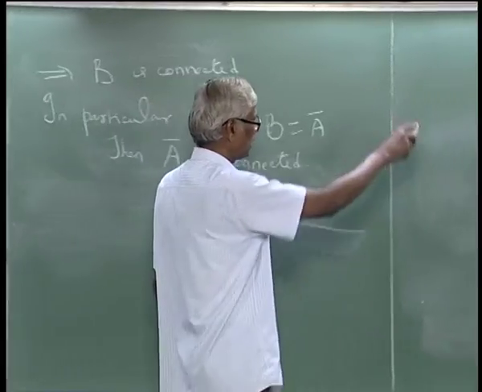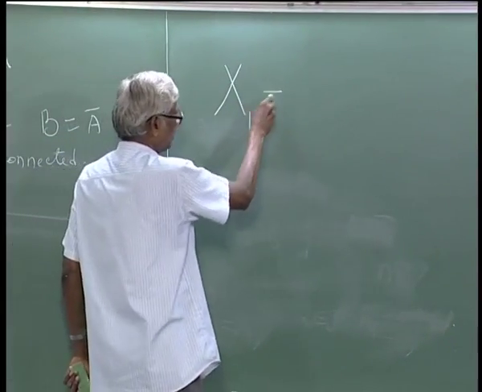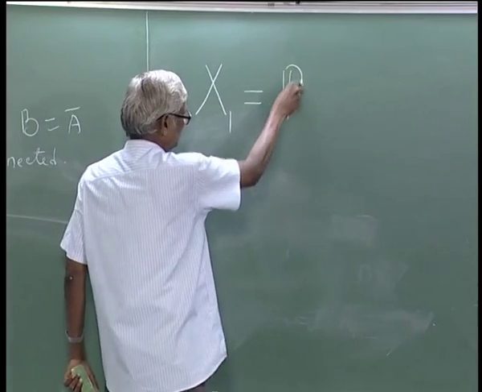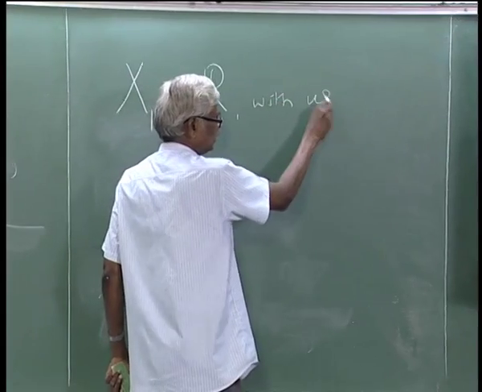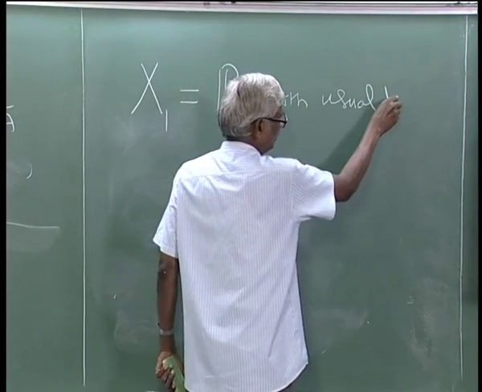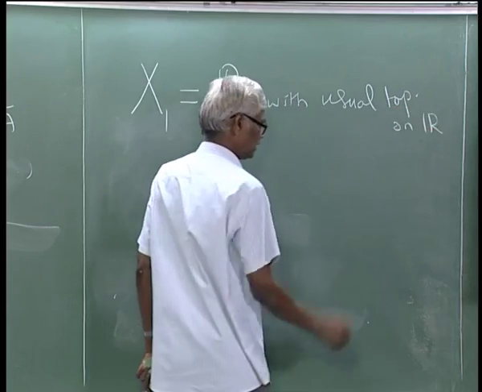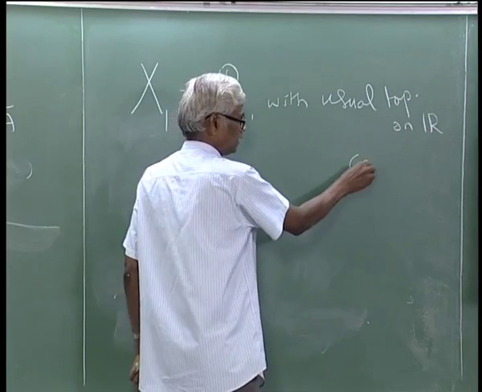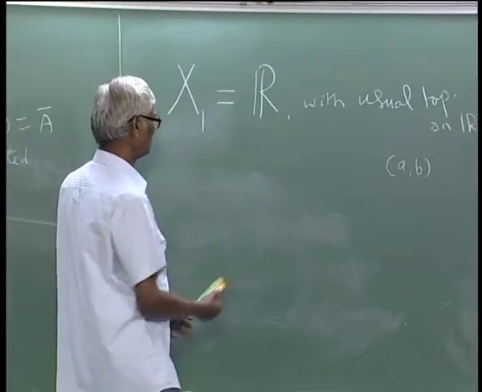For example, take X1 equal to R with the usual topology on R, that is, the topology generated by the collection of all open intervals in R.